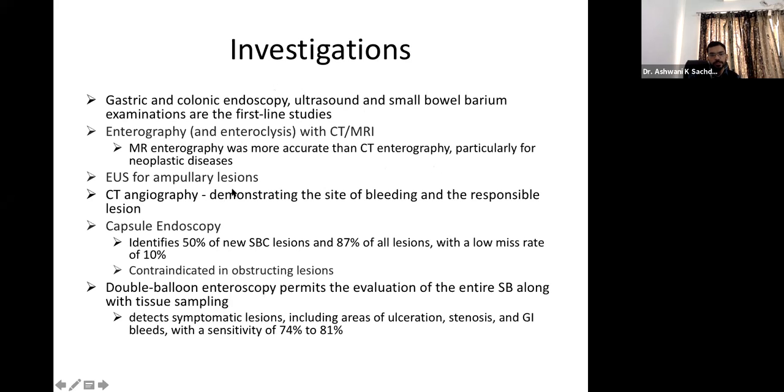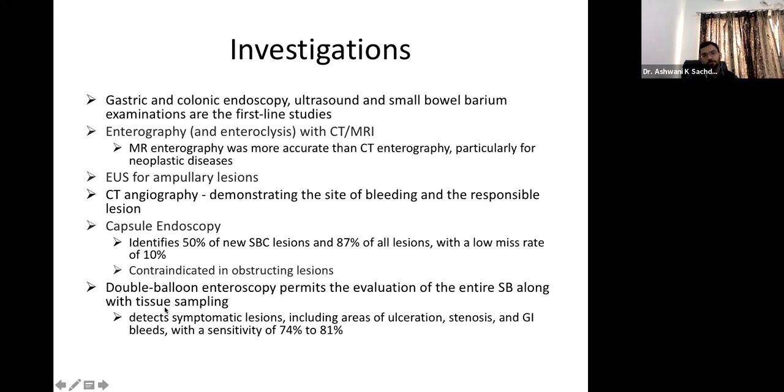For ampullary lesions, endoscopic ultrasound; CT angio for bleeding sites; and capsule endoscopy. It identifies about 50% of the new small bowel cancer lesions, and 80 to 87% of all lesions, and the miss rate is very low. But it is contraindicated in obstructing lesions. In case of an obstructing lesion, it gets stuck at the site and will need emergency surgery.